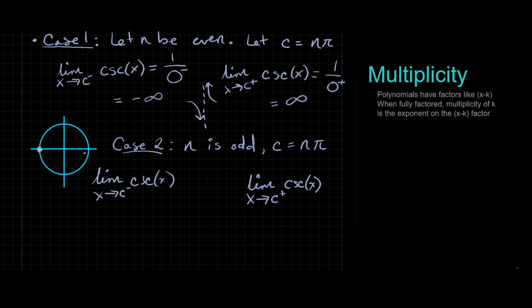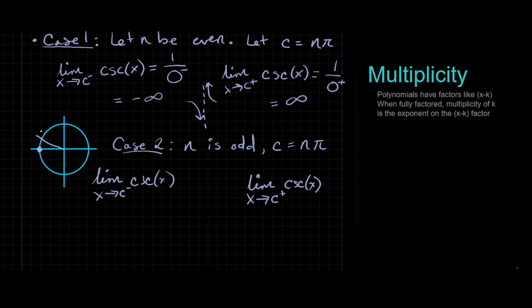From the left, we're talking about coming in from a smaller angle. What angles are smaller than pi? Well, this one is. Okay, so as we're approaching c from the left, we're going to come down on that point from this direction. Okay?